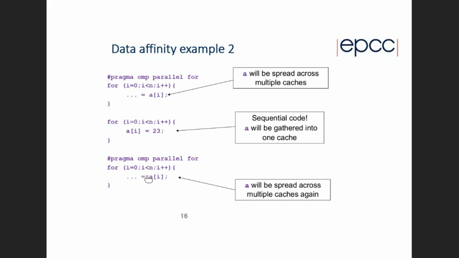When we come to do this loop again, all these accesses, all the ones apart from on thread 0, will result in cache misses again. So again, we have a problem where the cache coherency mechanism is implying lots of data movement between caches, which can be bad.